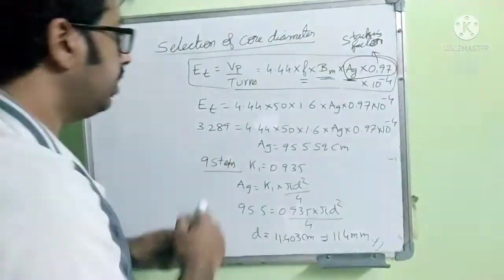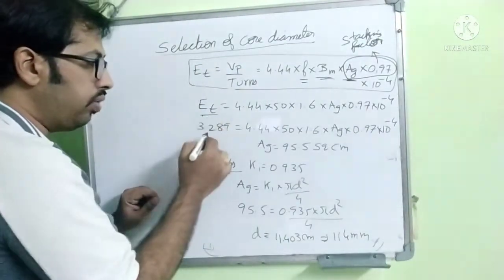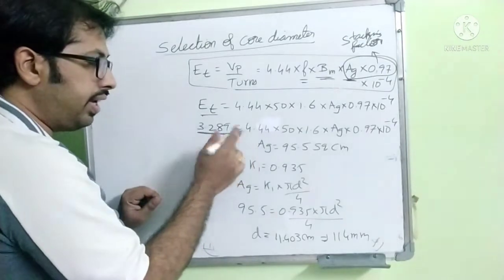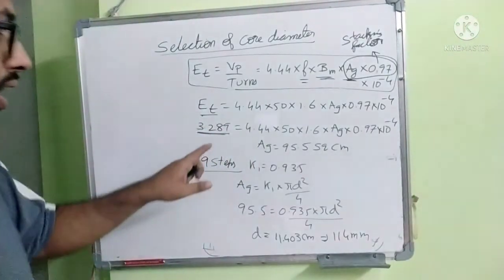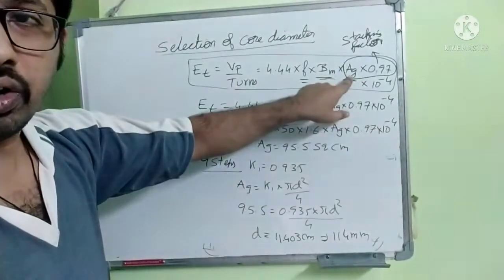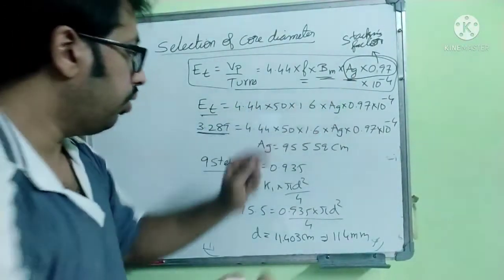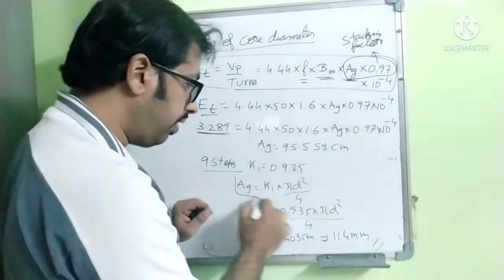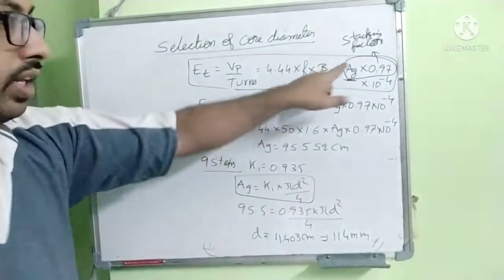Okay, core diameter. So EMF per turn we already know, that is 3.289, which we designed before. We are using this formula to find the gross area. After getting the gross area, I told you to take the value. So first try to find the gross area.